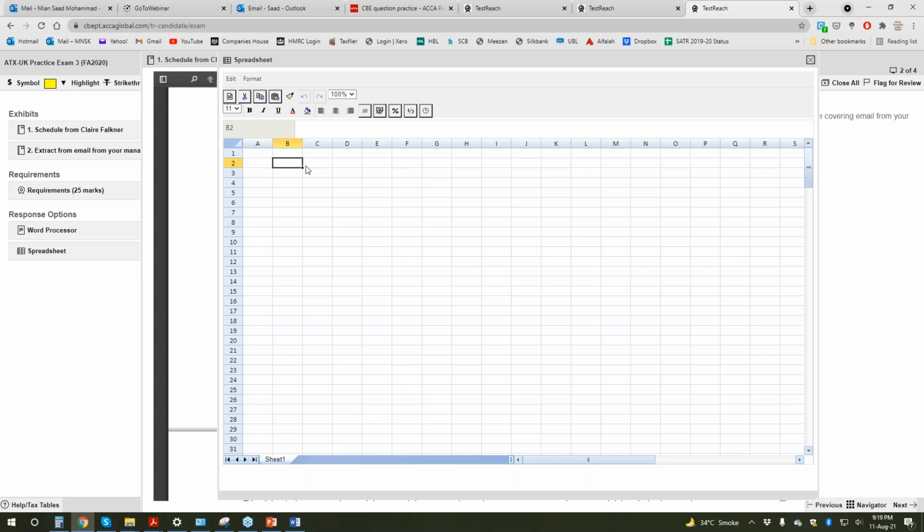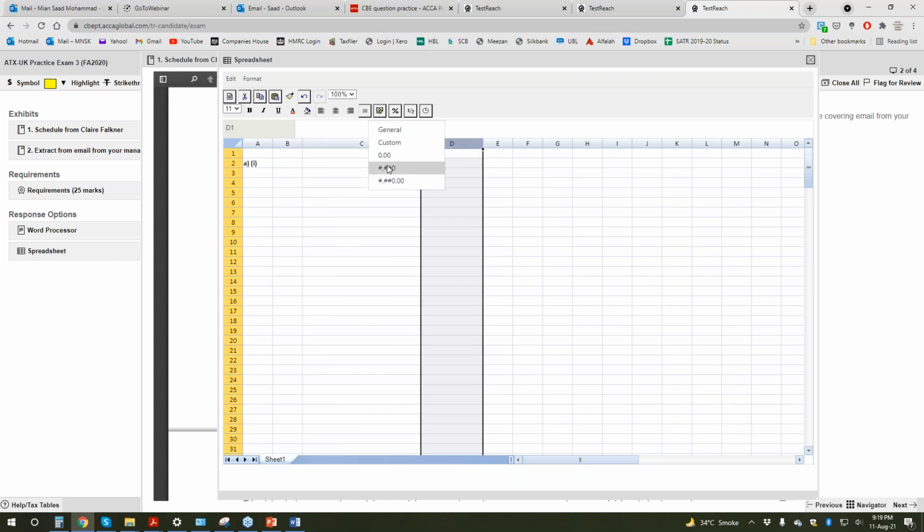So this will be our part A1. Now here, let's dedicate this wider column for explanations and this column for numbers.